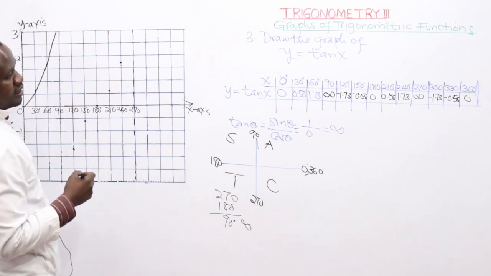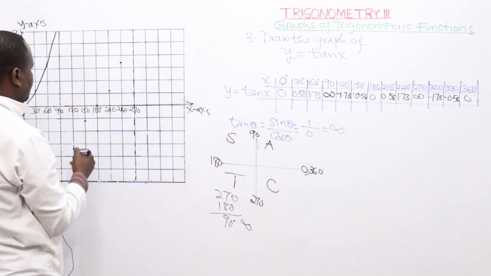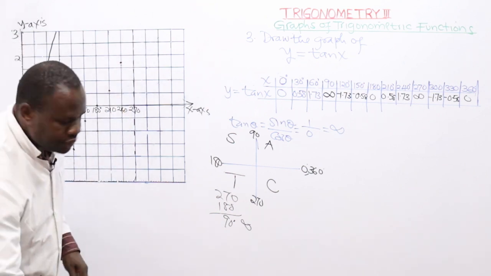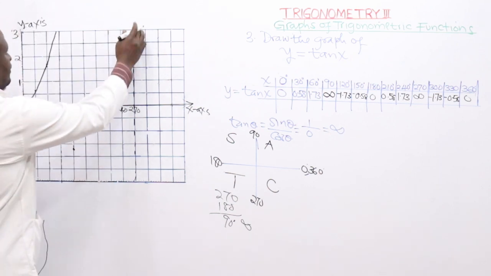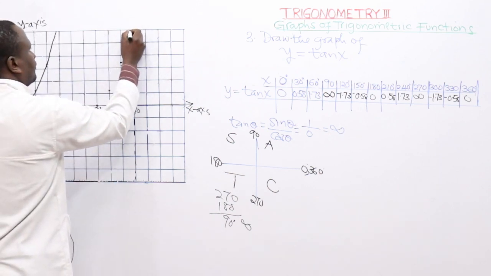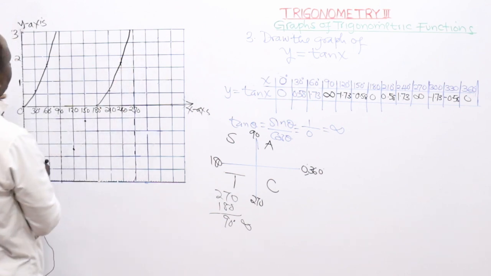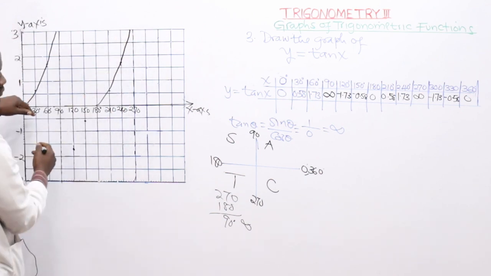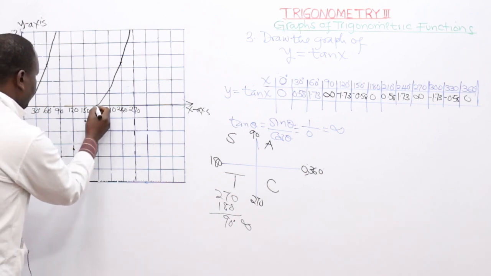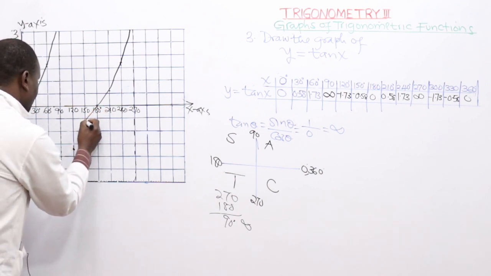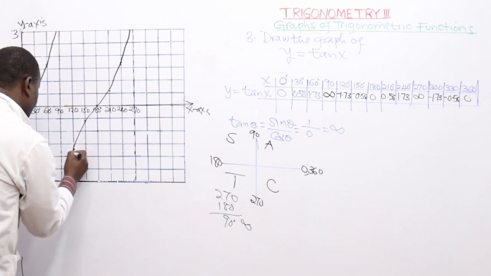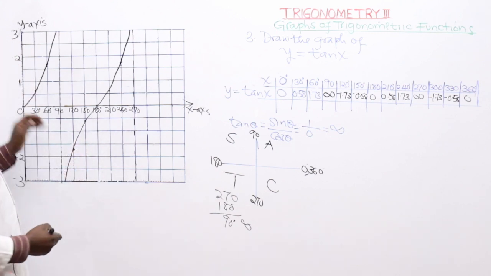You should find that from your graph. This one is infinity. So the graph should look like this one here. Therefore, it should come like this. Should look like this one. Then from here, like that.